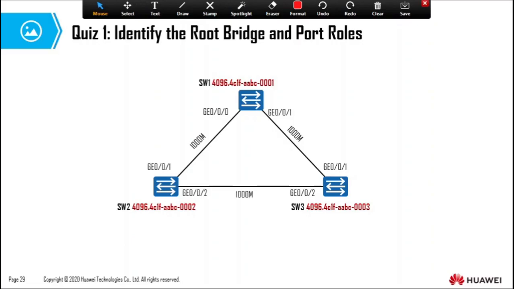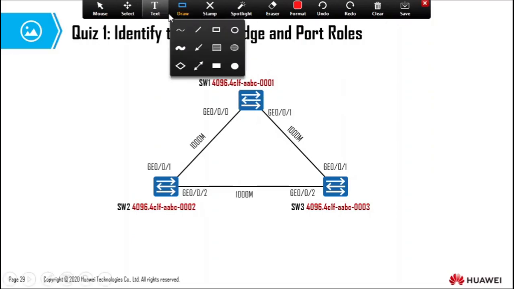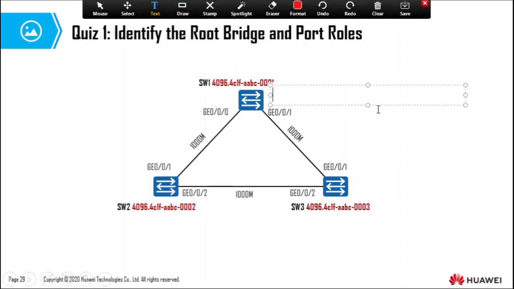Then let's discuss the port roles. If this is the root, and we've agreed that this is the root, what will be the port roles on the root for G000? And here, it will be designated, right? We've said all ports of the root bridge are designated. On switch 2, G001, what will be the port role?